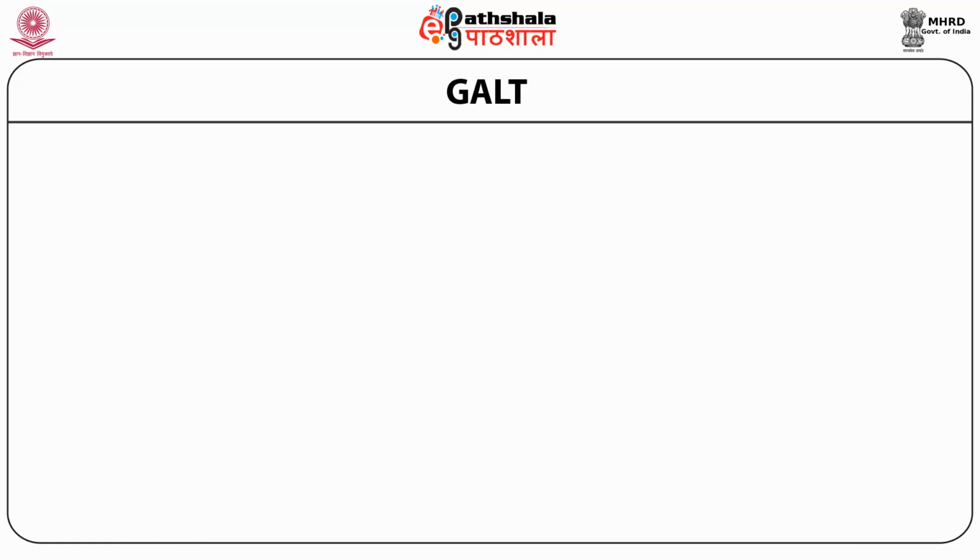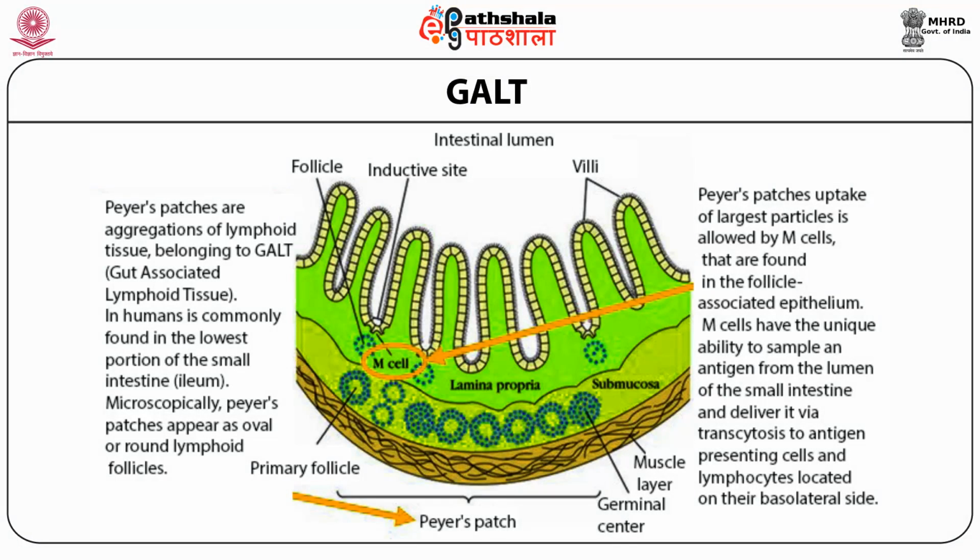Then we have GALT. Microbes trying to enter the body via the intestinal tract are prevented by GALT. GALT hence has to have a mechanism which distinguishes between harmless food and infecting microbes. This mechanism consists of microfold M cells on the epithelia, and associated antigen presenting cells, APCs.